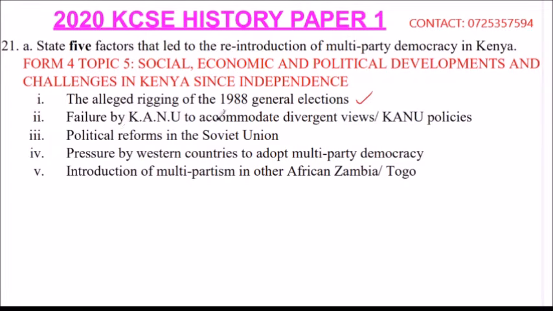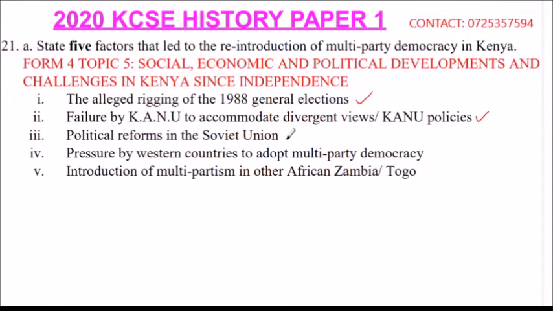Roman number 2, failure by KANU to accommodate divergent views, KANU policies. So if you had a different view that is not the only party KANU could not accommodate, then there was a problem. Sometimes you are told that you have been expelled from the party, and therefore you have no other vehicle or other way of joining, for example, the elections.